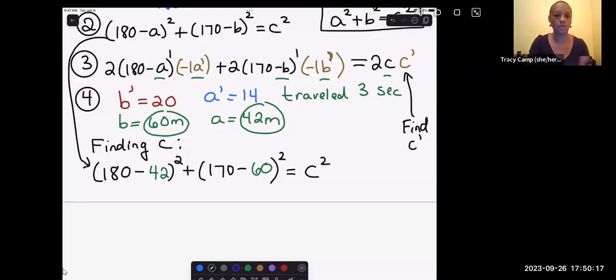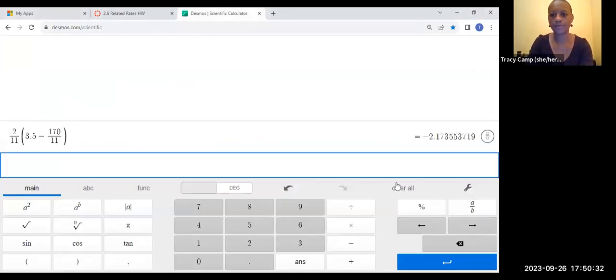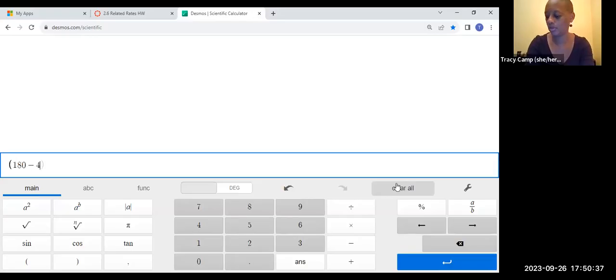And I'm just going to go straight to the calculator for this. So we have 180 minus 42 quantity squared plus 170 minus 60, and then quantity squared.